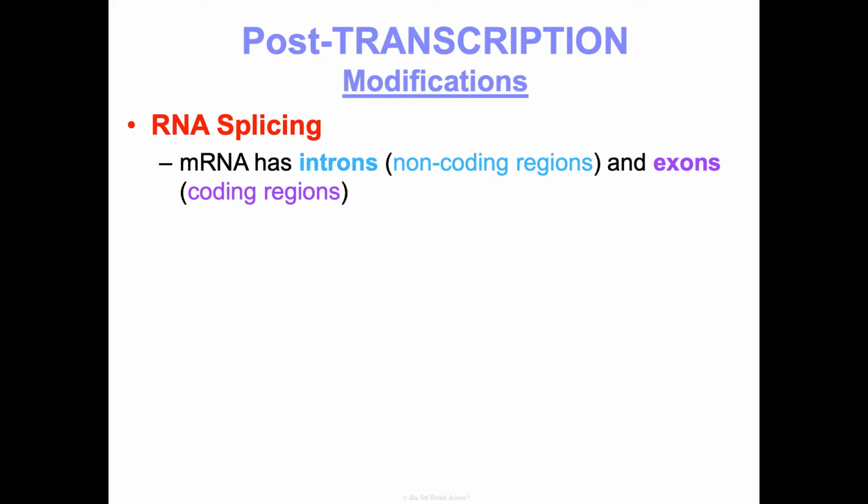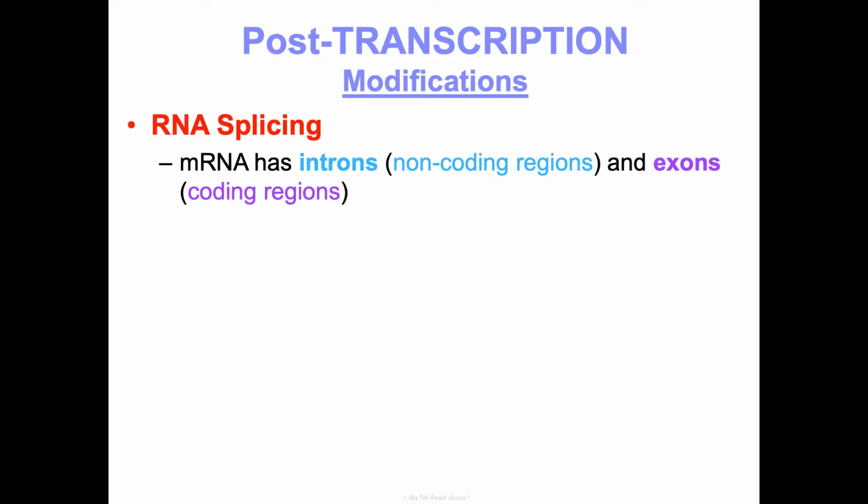Now, after transcription, there are some modifications that happen to this mRNA before it moves on. Technically, at the end of transcription, you've only made pre-mRNA, but for our purposes, you can just think of it as mRNA. So one of the main modifications that's happening is called RNA splicing. mRNA has introns, which are non-coding regions, and it has exons, which are coding regions.